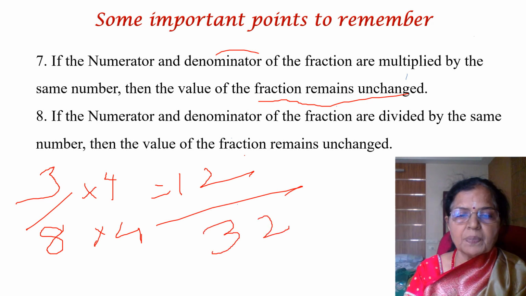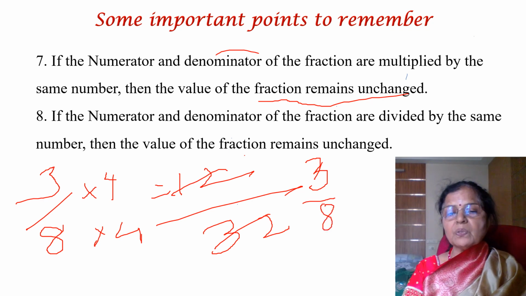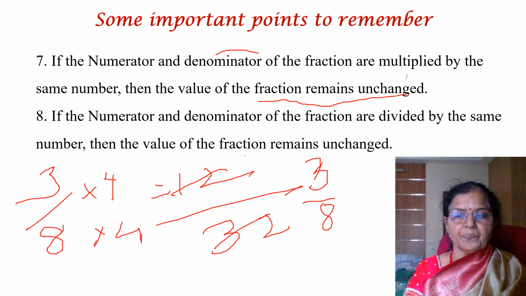And you simplify this, you divide this by 4, you get 3 by 8. The same thing. So the value remains unchanged if you are going to multiply both the numerator and the denominator with the same number.